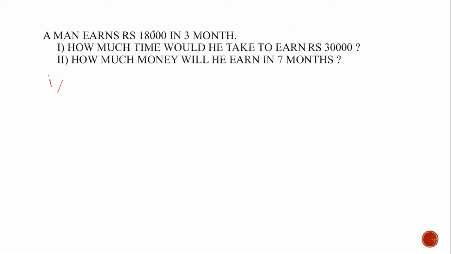We need to find out months. So how will we write? Rupees 18,000 he will earn in 3 months. So rupees 1 he will earn in 3 by 18,000 months.